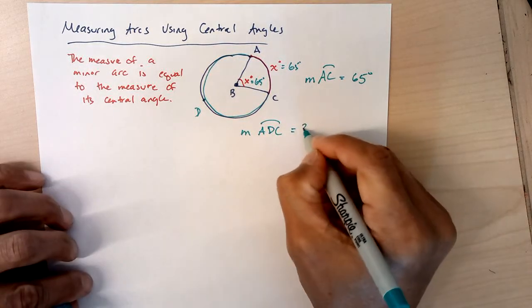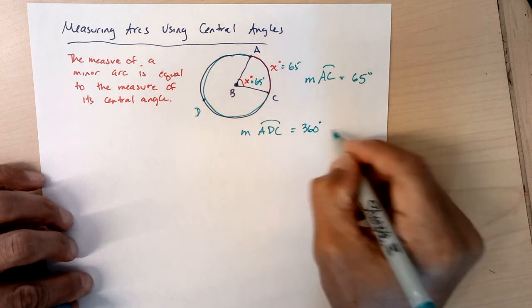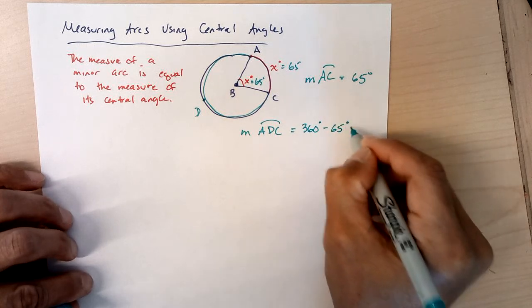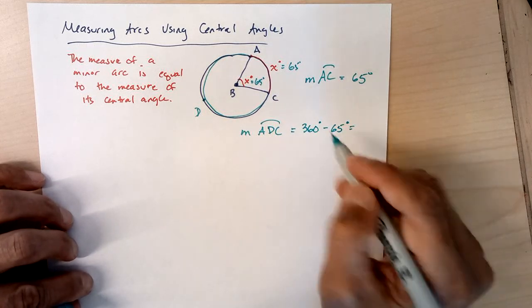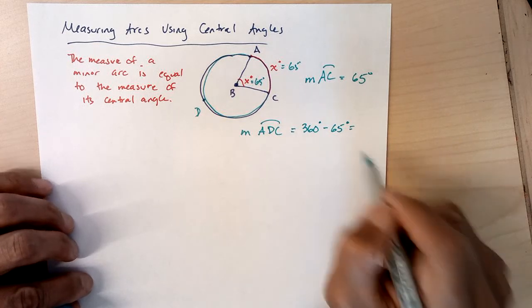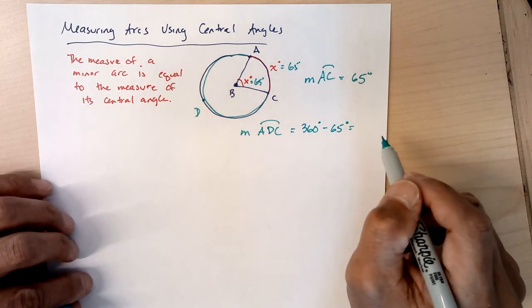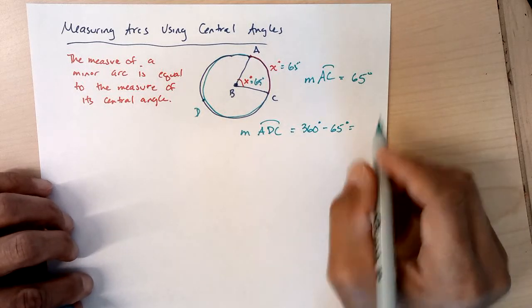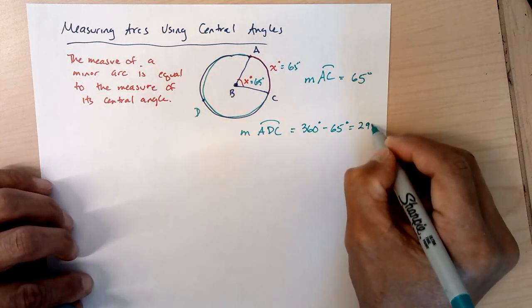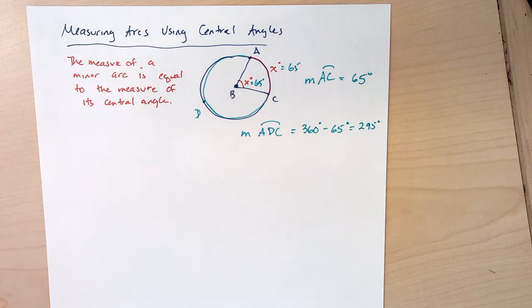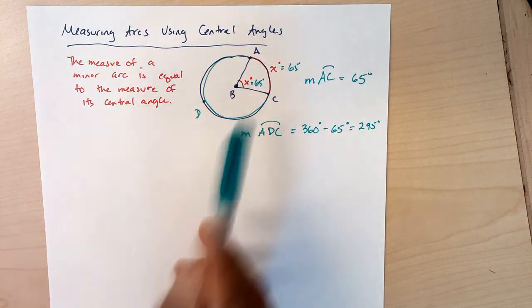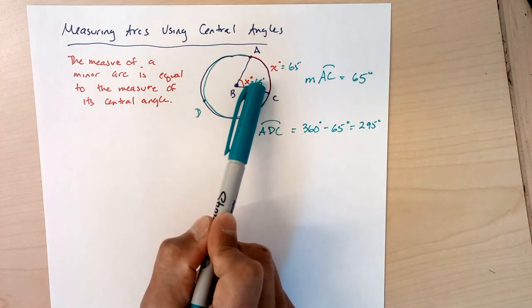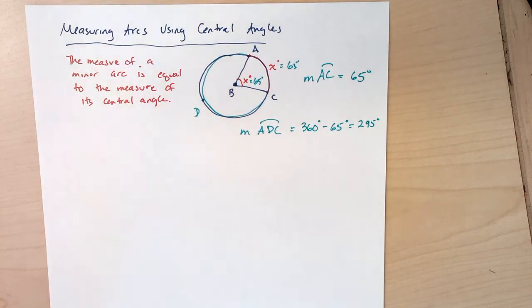So I could write it like this if I'm showing all my work, 360 degrees minus 65 degrees. So the measure of the major arc ABC, even before we calculate it, has to be more than 180 and less than 360 because it's a major arc, and it would actually be 295 degrees, by finding the measure of the minor arc AC and subtracting that from 360 degrees.